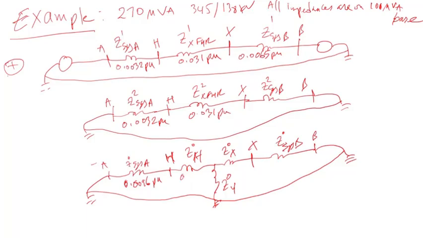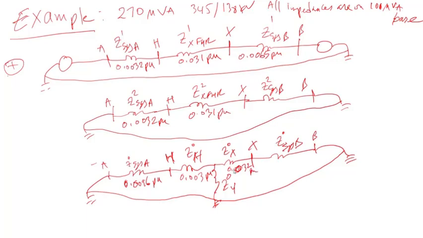So the transformer basically is almost the same as the positive sequence impedance. So this is 0.032 per unit.